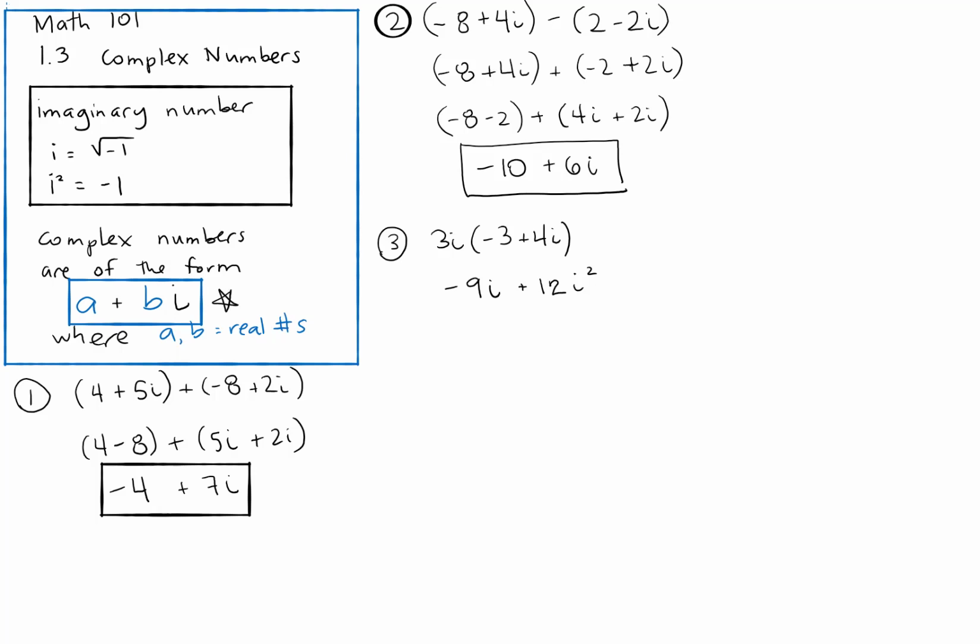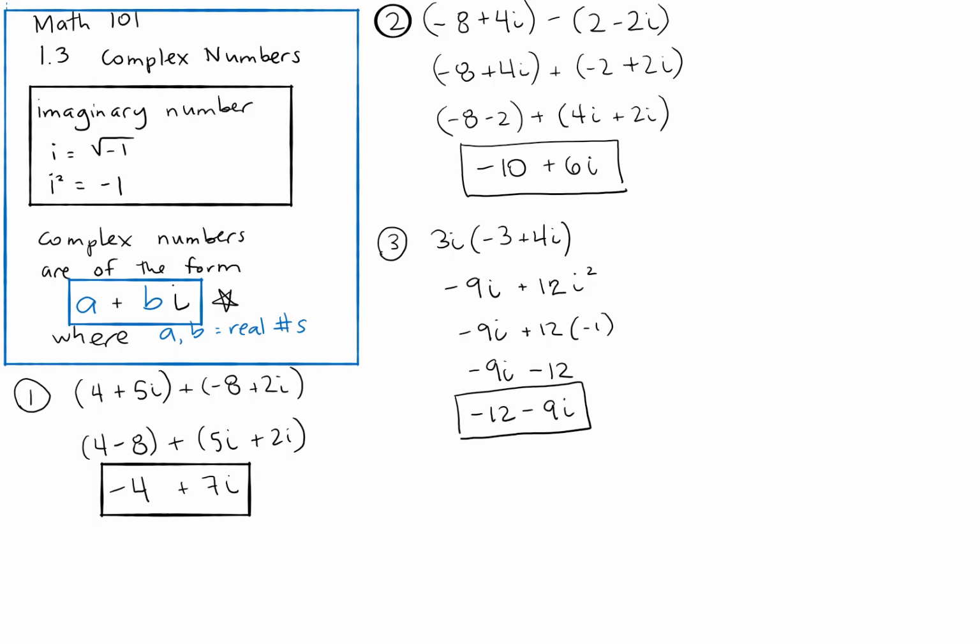So I do need to make sure that's -9i plus 12 i squared. i squared turns into -1. And then we're going to say -9i minus 12. It actually isn't in the correct format yet till we put the real number first and then the imaginary number next. And so the a portion is -12, our b portion is -9.